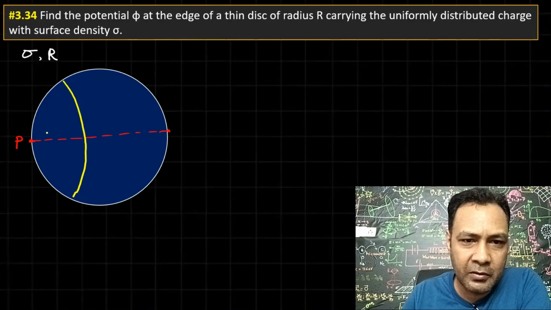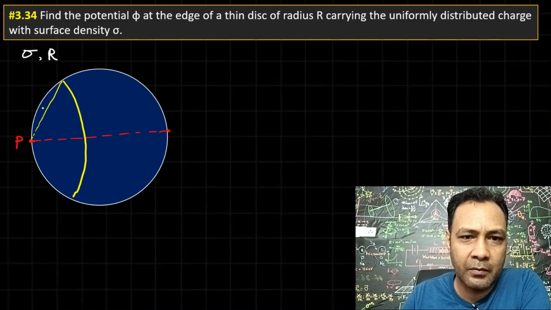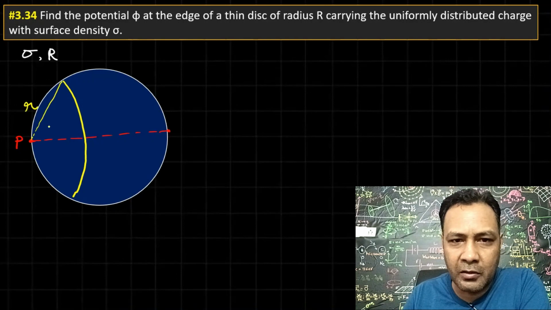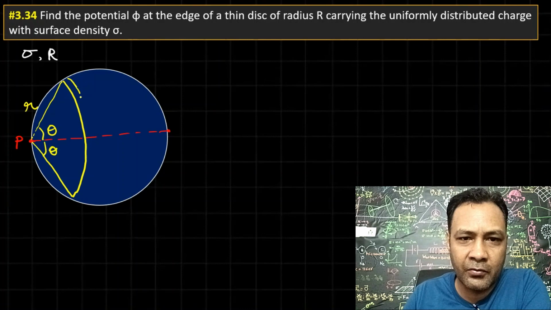This element is an arc of radius r, and this element subtends angle 2 theta at the center, symmetrically theta here, and obviously the element should have some width. So the width of this element is dr. So this is my element.